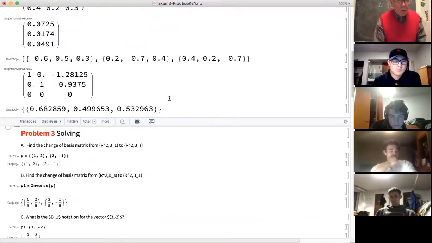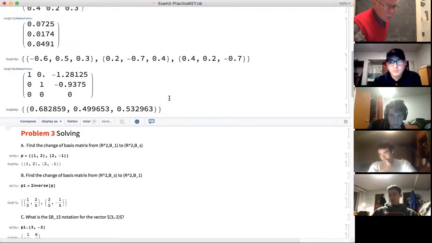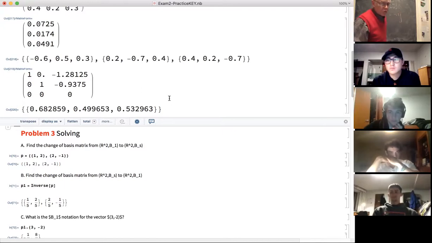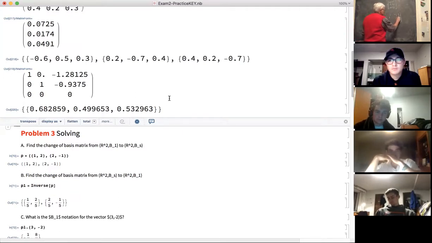So let's work with that matrix form. This row reduced matrix is 1, 0, minus 1.3, let's say. 0, 1, minus 0.94. 0, 0, 0. So these are equations since we're looking for the null space.